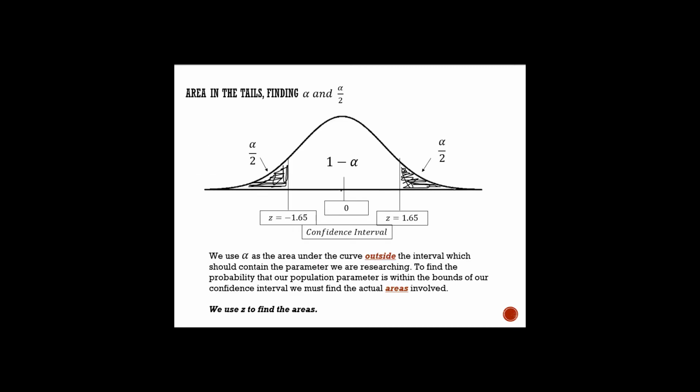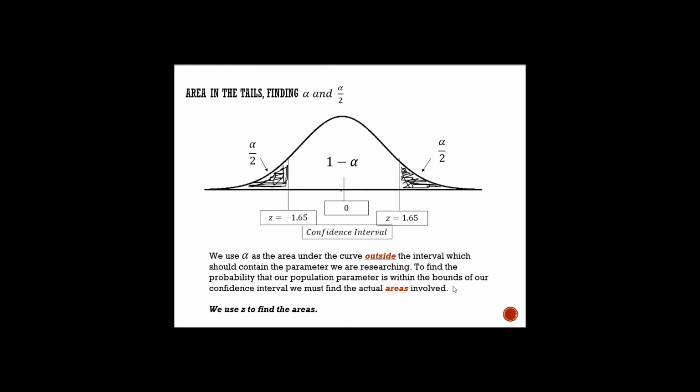So we're going to use something called alpha. Alpha is described as the area under the curve outside the confidence interval, which should contain the parameter we're researching. Now, to find the probability that our population parameter is within the bounds of the confidence interval, we must find the actual areas involved. And again, we use Z to find these areas. As you can see in this illustration, I've taken alpha, which is associated with our confidence level, and divided it into two equal pieces, one in each tail.